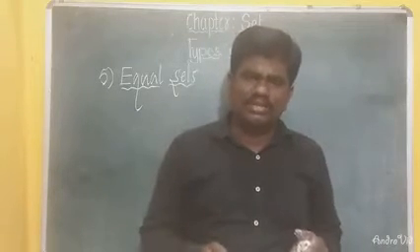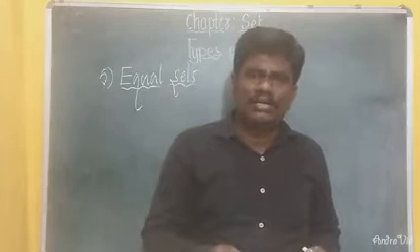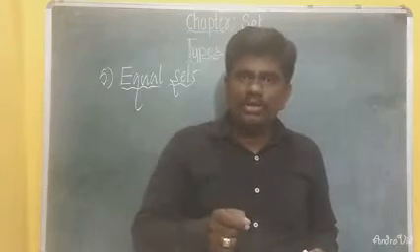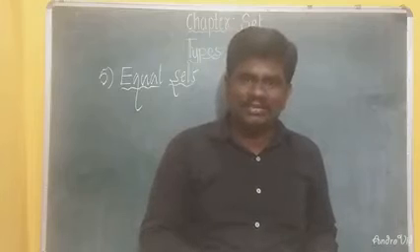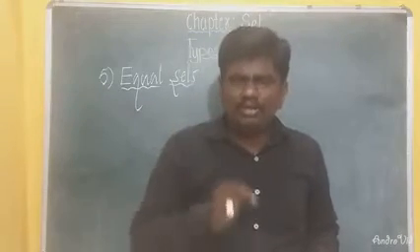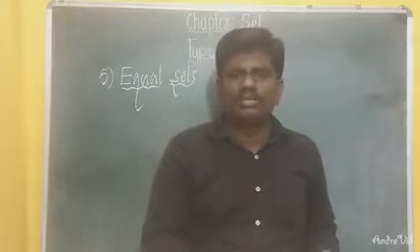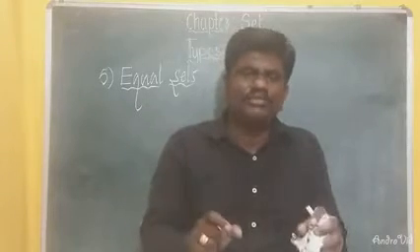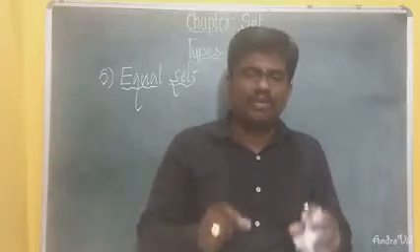The second thing is every element of one set, I repeat, every element of one set must be equal to every element of the other set. When these two conditions are compulsorily satisfied, then we can say that the two sets are equal sets.